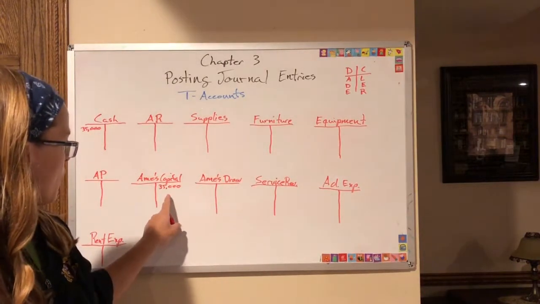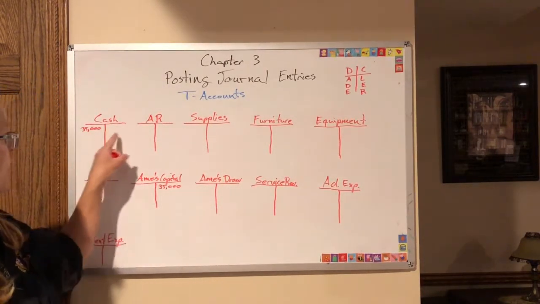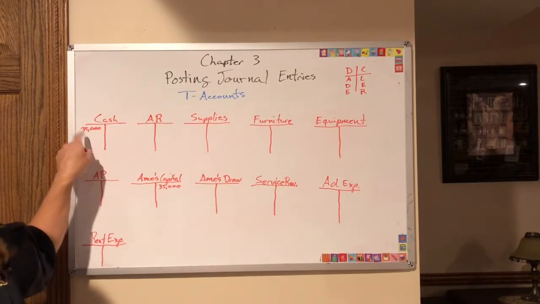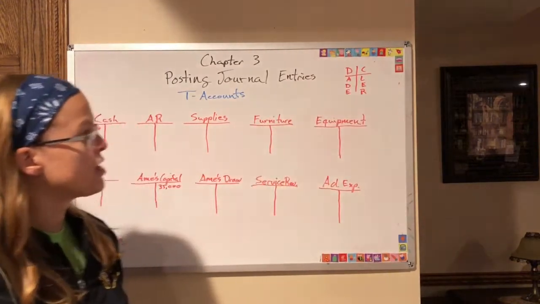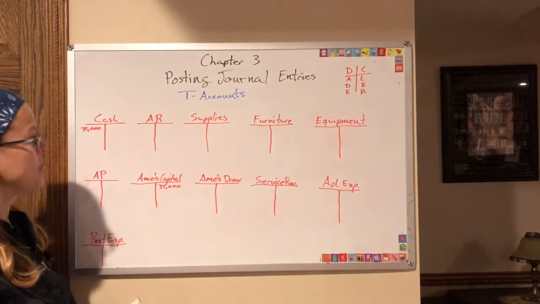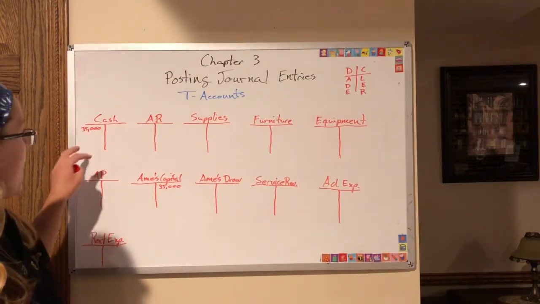We have a credit on Ann's capital, and we have a debit on cash because cash is an asset, and in its positive form is a debit.